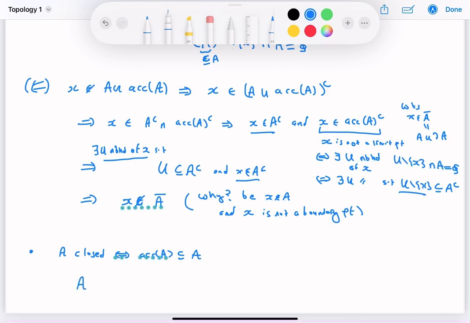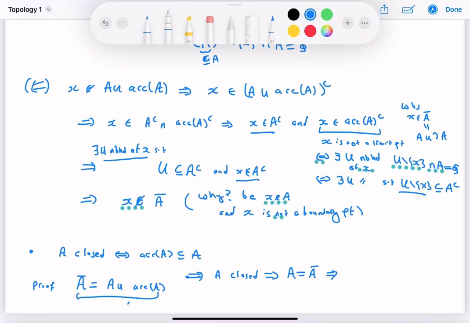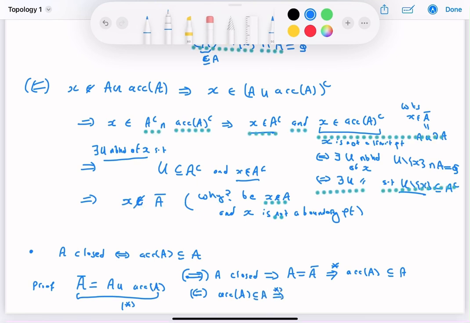That's clear because we can use this fact that A bar is equal to A union the accumulation set of A, and you can see, for example, this direction: A closed implies A is equal to A bar, and this implies, of course from this identity by star, that automatically the accumulation set of A is contained in A because the left hand side now is A. And if the accumulation set of A is in A, then by star again I'm unioning something that is in A with A, then I'm going to get A, right?